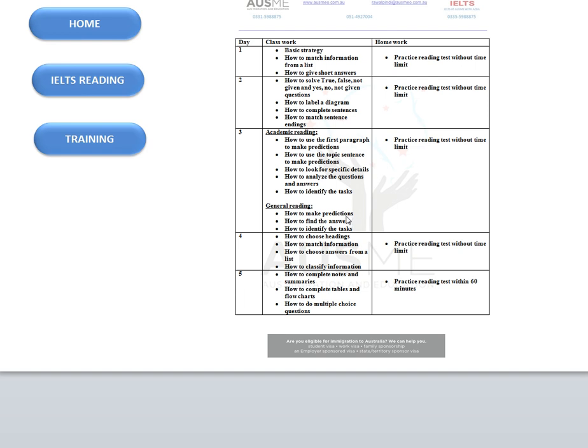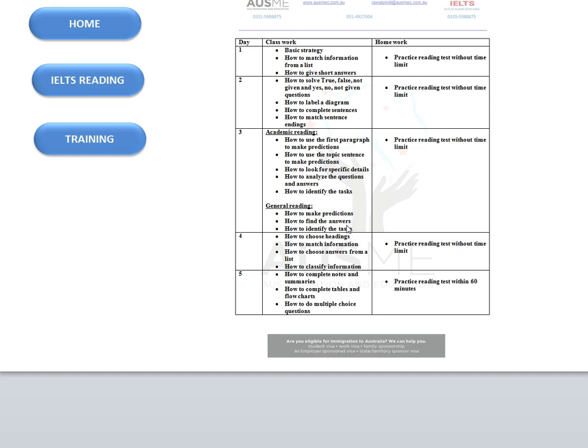So they're quite short. So we try to help you in how you can make predictions in what the answers could be or what you're actually looking for and how to find the answers. We also teach you some strategies in what can help you to find your answers. And the last one is similar to academic, how to identify the tasks.